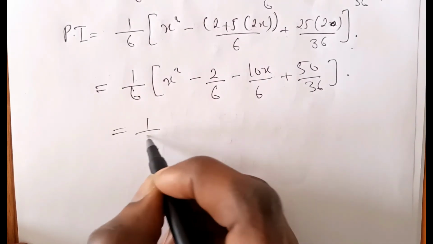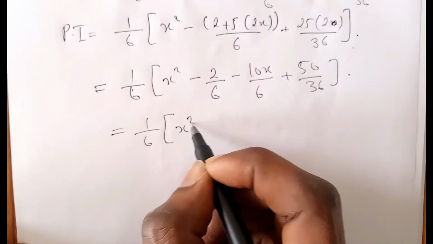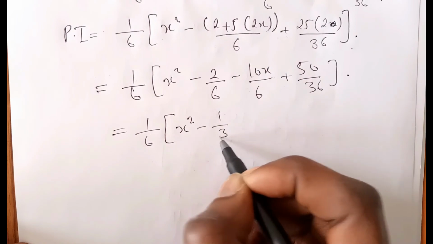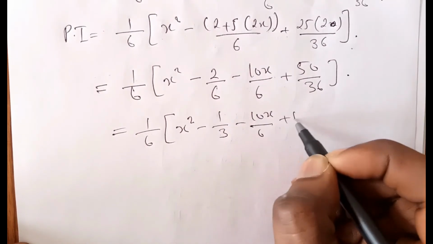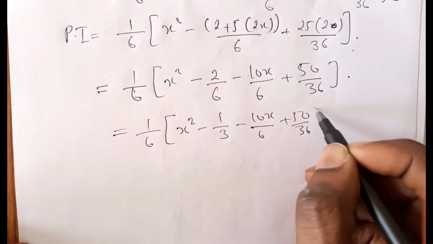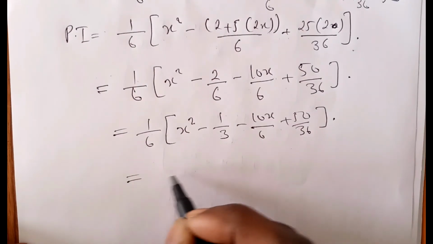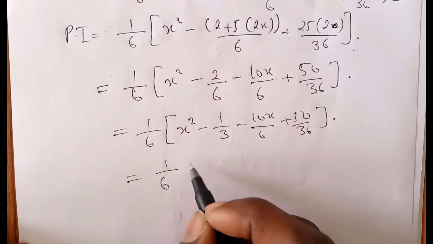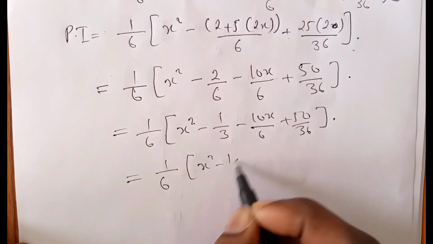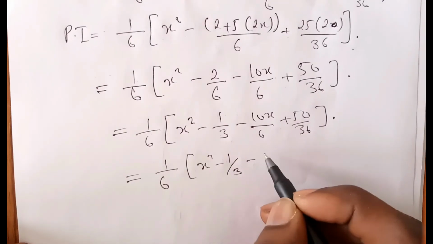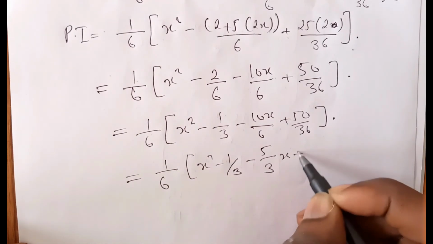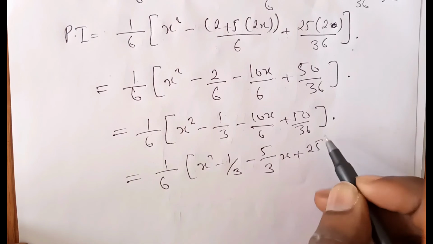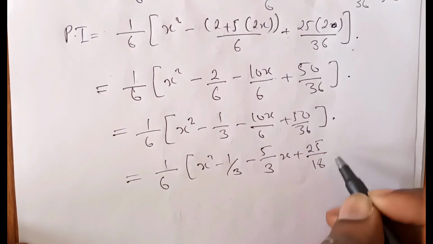So this is 1 over 6 all into x squared minus 1 over 3 minus 10x over 6 plus 50 over 36, and then this is the same thing as 1 all over 6, x squared minus 1 over 3, minus 5 over 3 x plus 25 over 18.